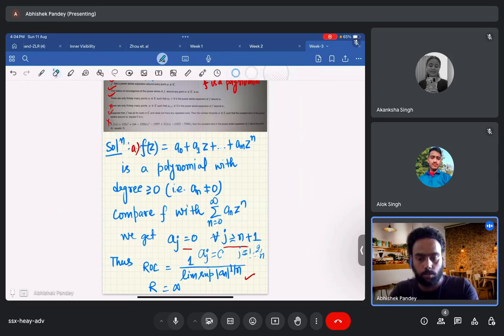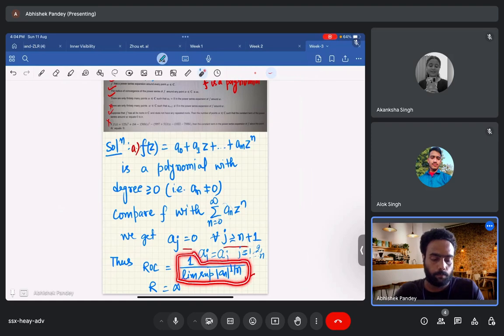So a1 is nothing but a1, and so on. What would be the radius of convergence of this one? The limit superior of mod of a_n to the power 1 by n will be nothing but 0, isn't it?